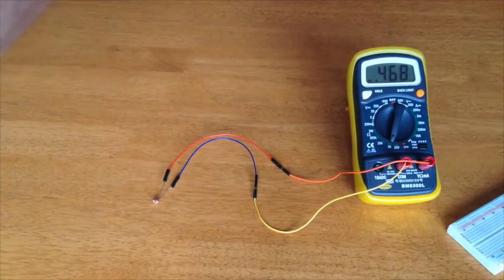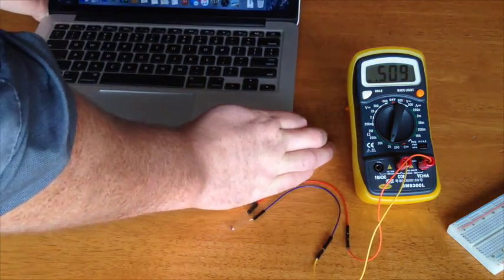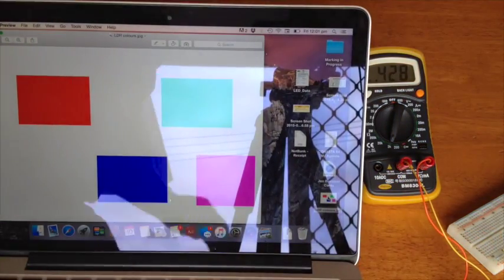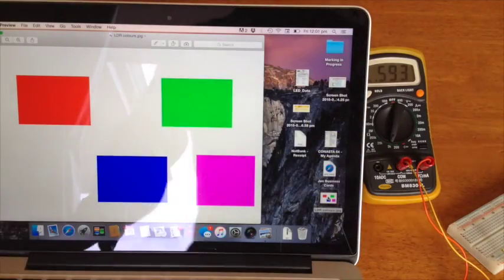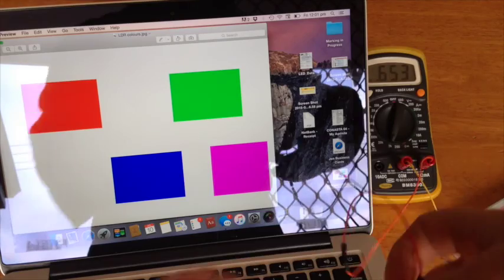If we bring in a computer here, and on my computer I've got, can you see this? I'll bring it in a little closer. So on the computer screen here I've got several colours. Getting quite a lot of reflection from the background here.